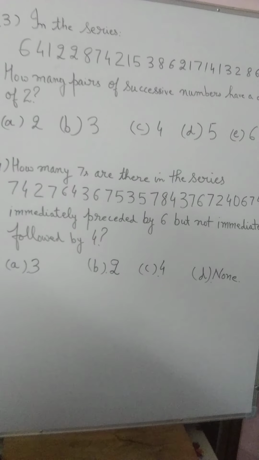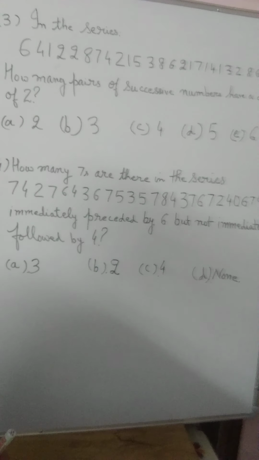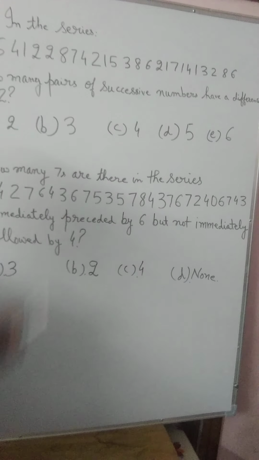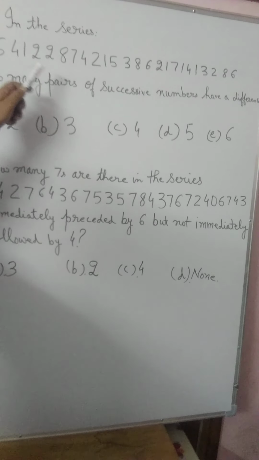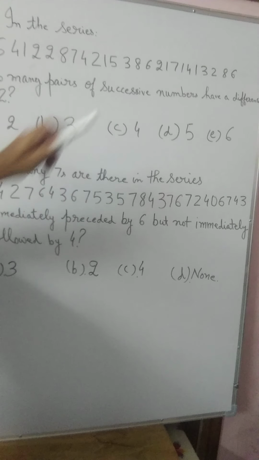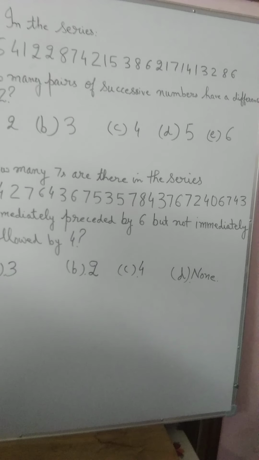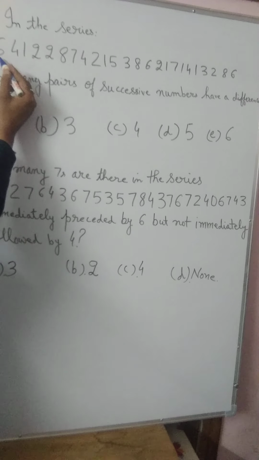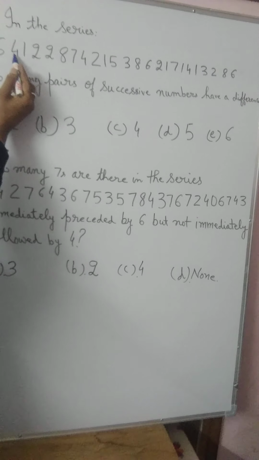It means if we consider two numbers in sequence, one and another, and take the difference, it should be 2. Let us check here. On the board, the first number is 6 and the succeeding number is 4.